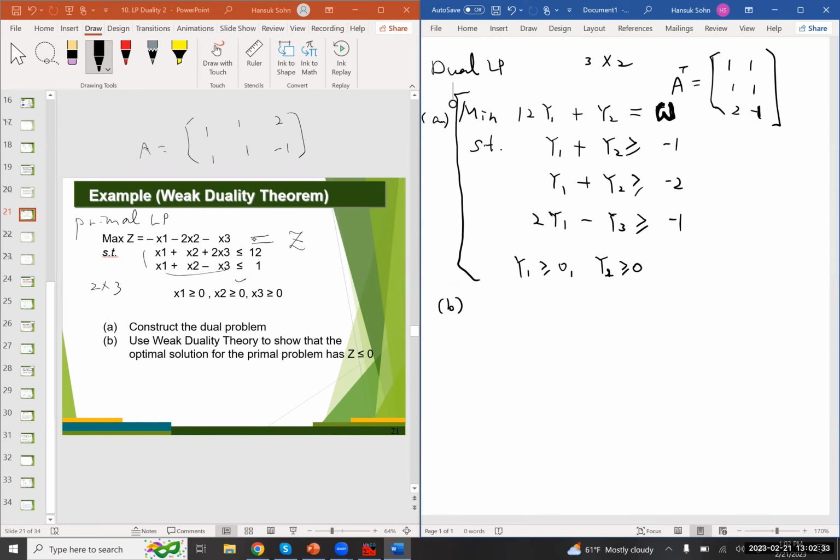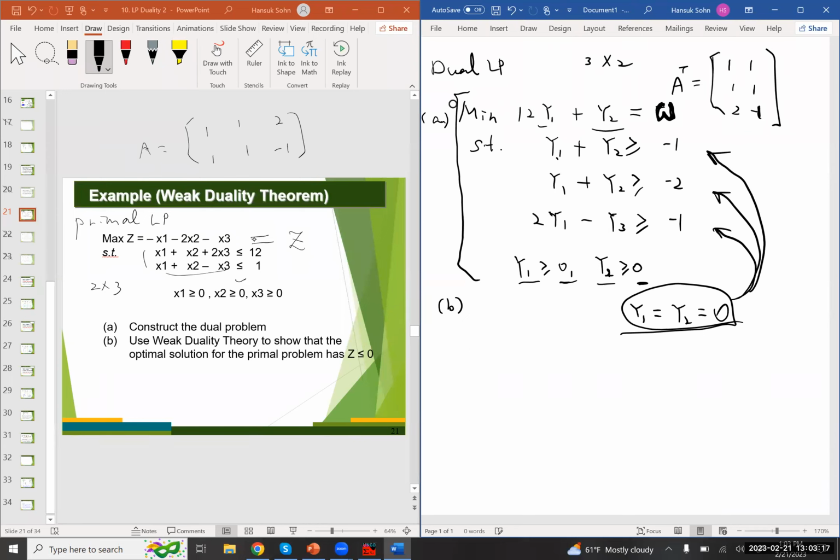Our dual objective function value W will be improved if both y1 and y2 decrease, right? And the lower bound of both decision variables y1 and y2 is 0, right? Here. Because y1 and y2 equal to 0 satisfies all of these constraints, right?